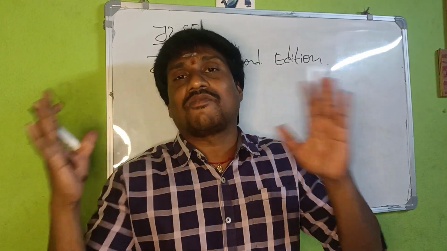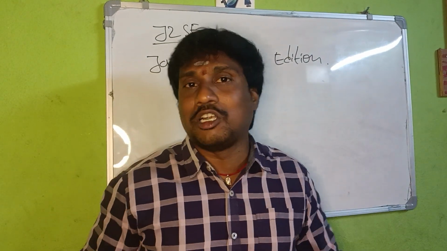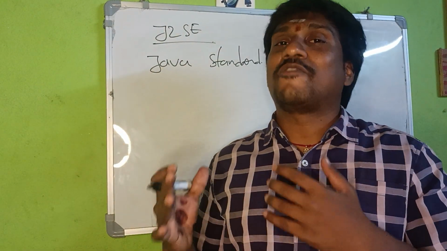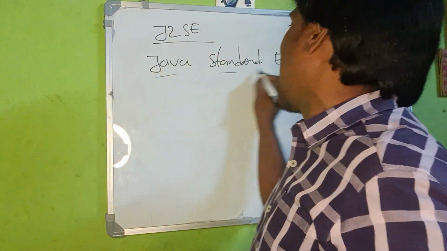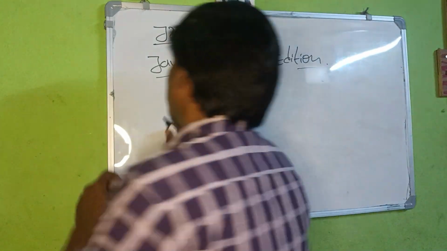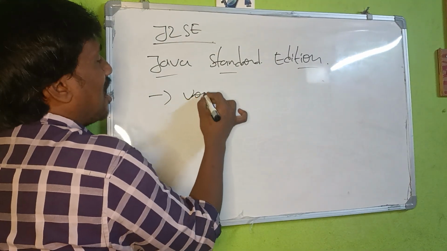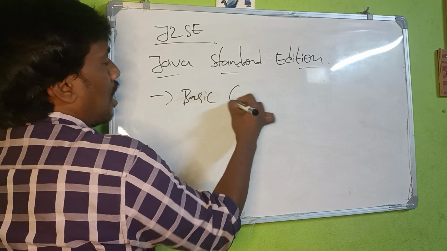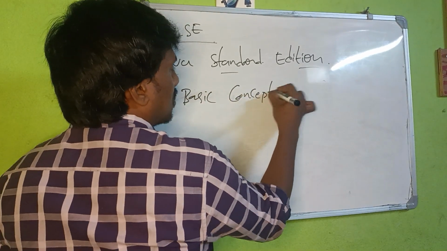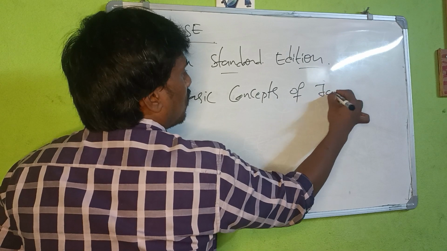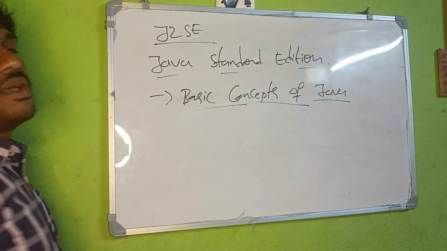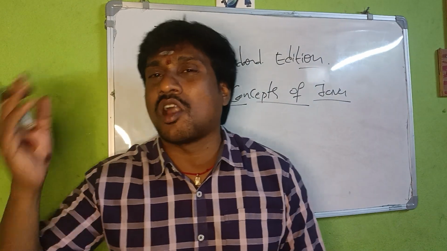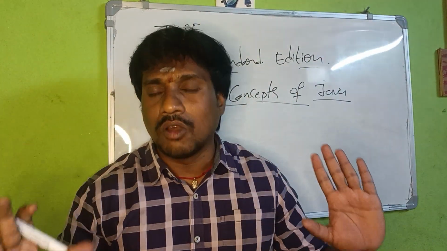Java is one of the biggest languages, and we cannot learn it without proper bifurcation. So this is Java Standard Edition, what it is and what it will do. It contains all the basic concepts of Java, like variables, primitive types, arrays, functions, whatever you want to learn.